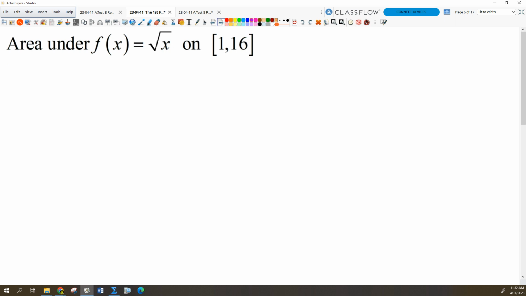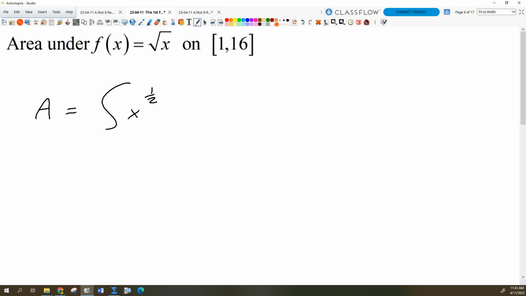Let's try this one. Okay, so how am I going to use our newfound trick, the first fundamental theorem, to find this area? What's the definite integral I set up that represents the exact area? Integral of square root of x. How should I probably write that? 1/2.